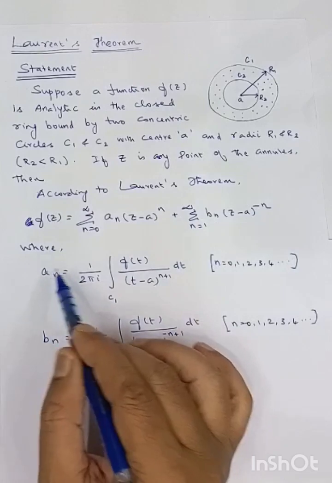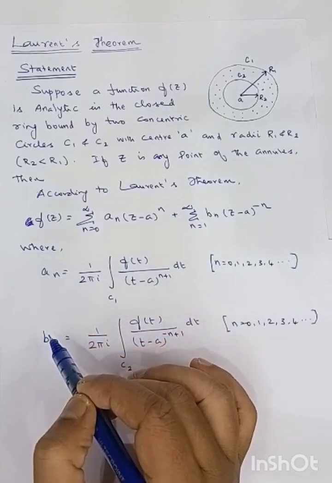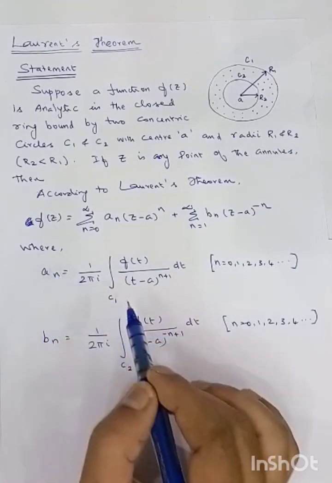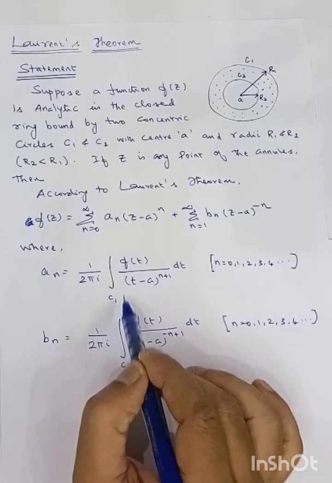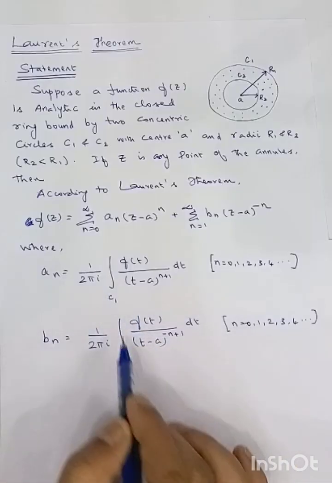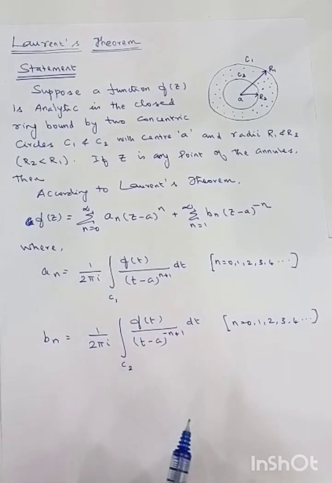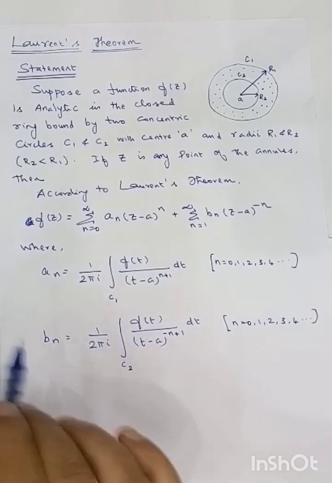Here a n and b n are two constants, and a n depends on circle C1, and b n depends on circle C2. Okay, now this is the statement.